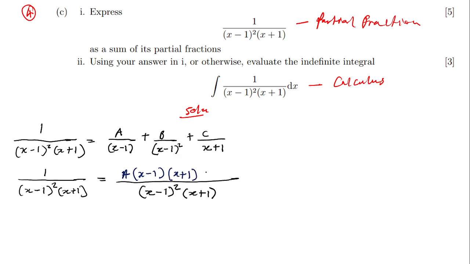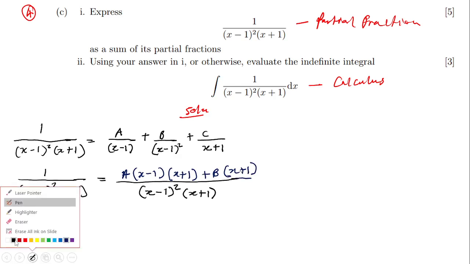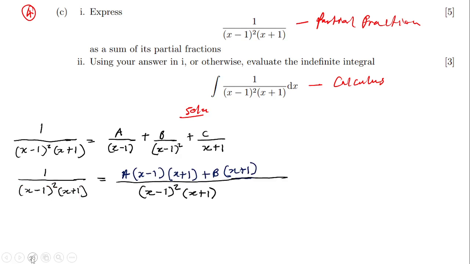Then plus B, open bracket this thing into that, so (x plus 1) will be there. Then you're going to go to C. What is C giving you? The denominator of C, when it enters there, it's going to be plus C open bracket (x minus 1) squared. So this is what you simply have.